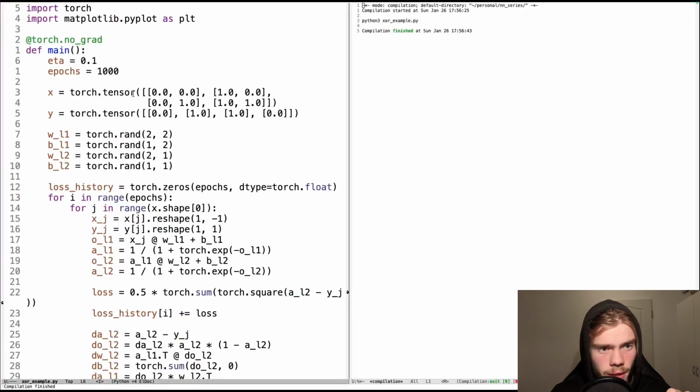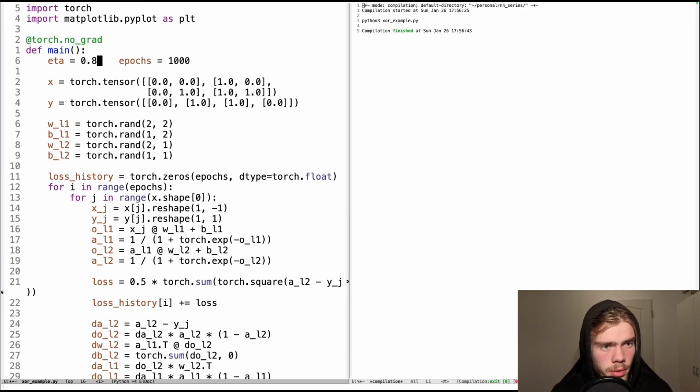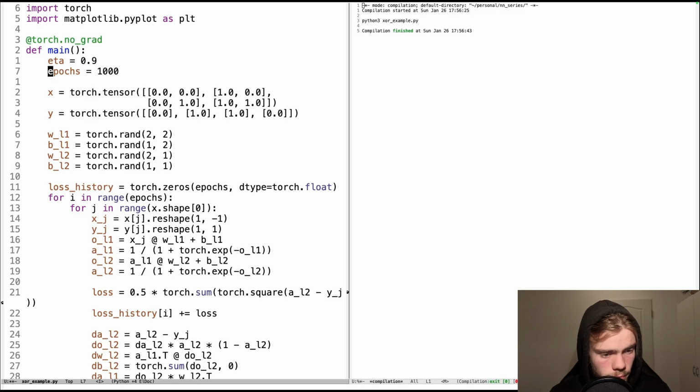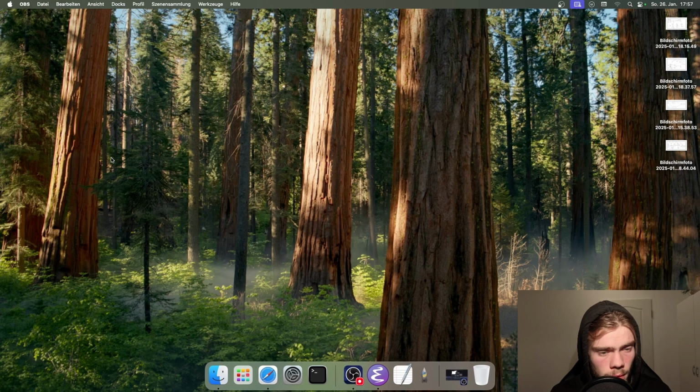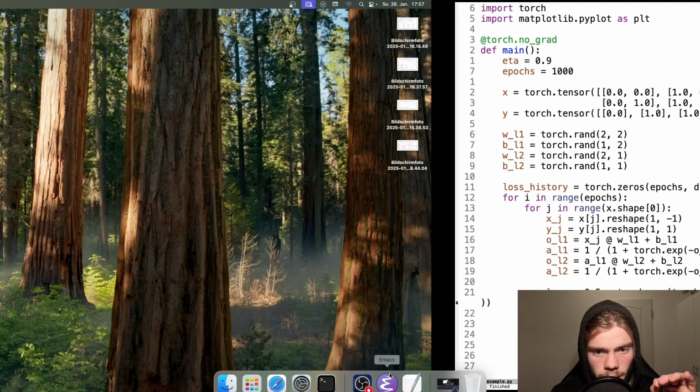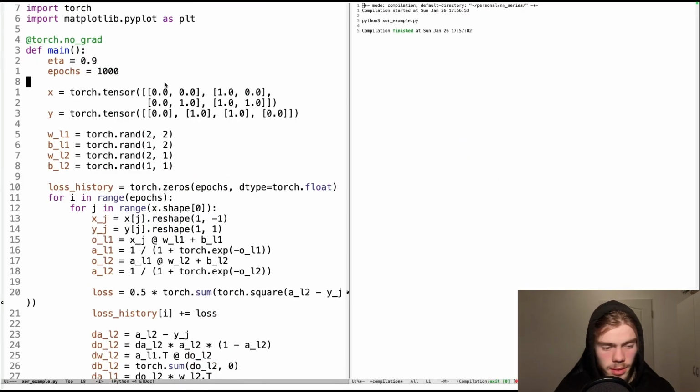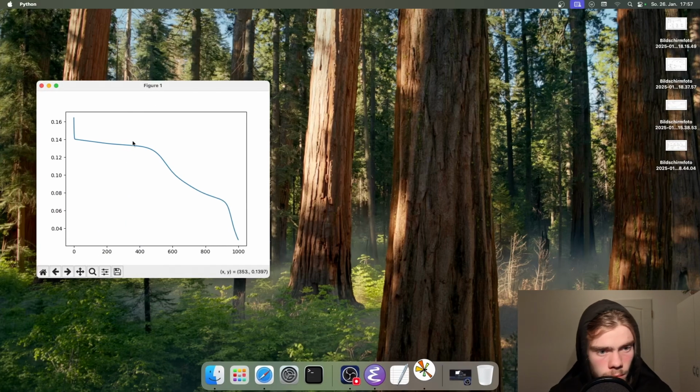If we increase it again to something like 0.9, and then we redo that, we see that we can find something that's even better at 0.09. But we were again stuck in this local optimum. We were stuck, but eventually we got something that was even better in this case.